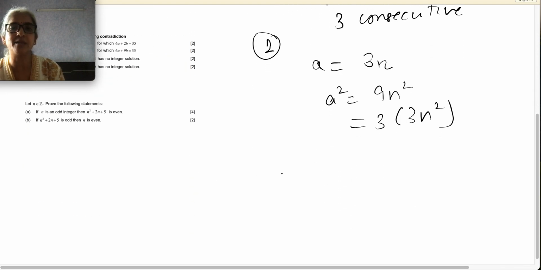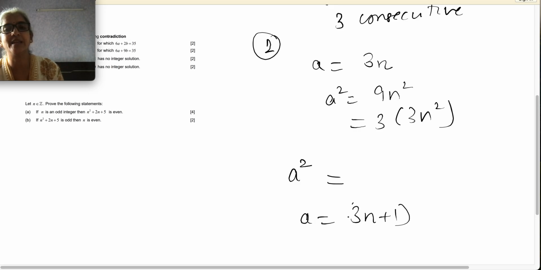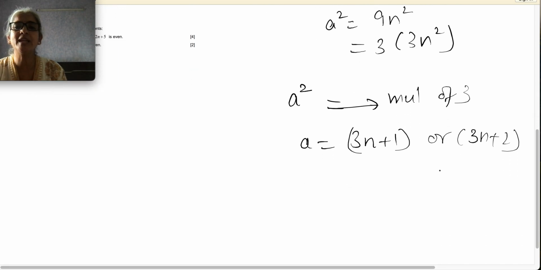If a square is a multiple of 3, and if a is not a multiple of 3, then a is either of the form 3n plus 1 or of the form 3n plus 2, correct? Then what will a square be?